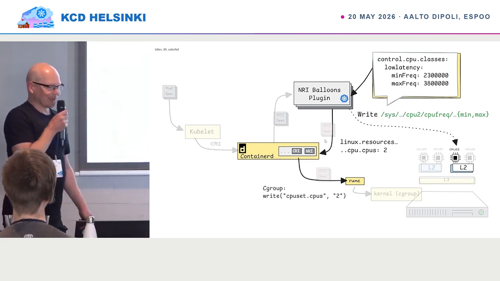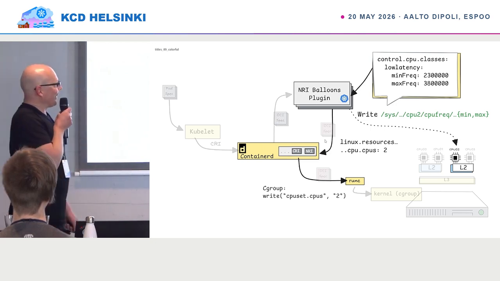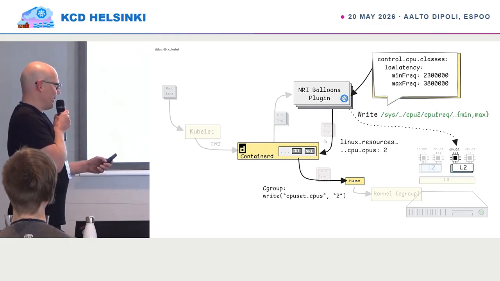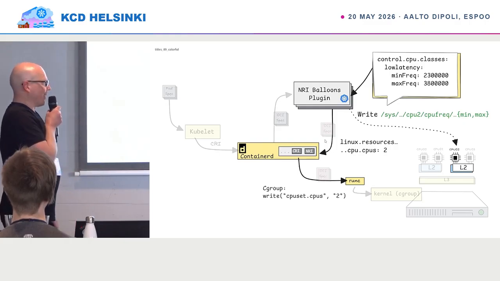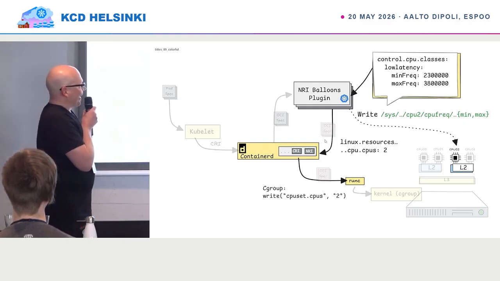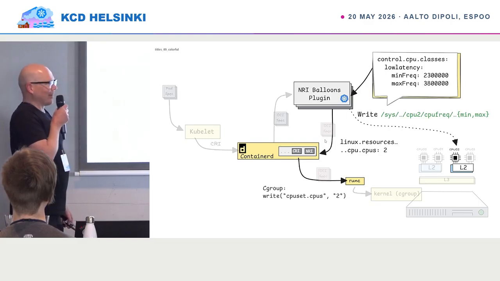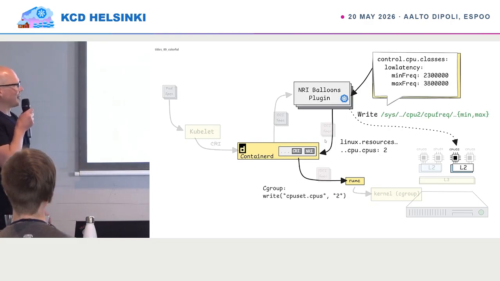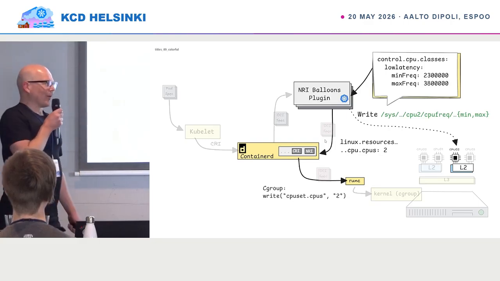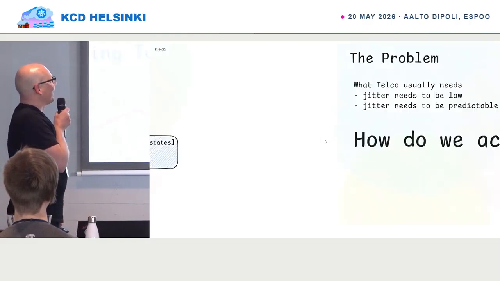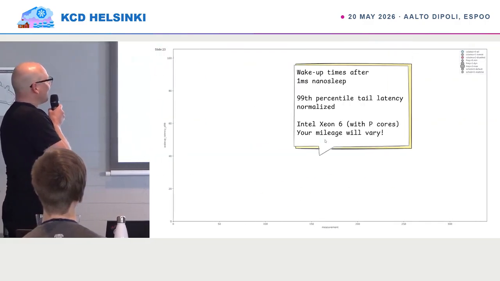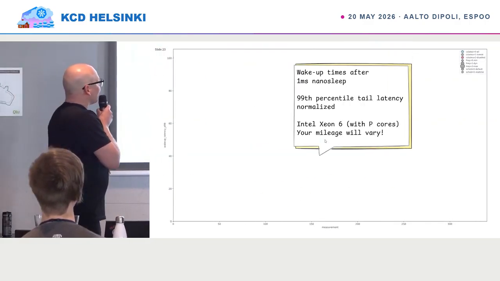Process scheduling priority, CPU frequency, and CPU C-states: I'm now trying to find an optimal combination and also trying to visualize for you the effect they actually have on the latency of a process. So here are the data points.